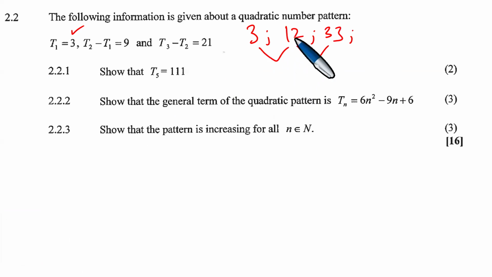The difference 12 minus 3 is 9, 33 minus 12 is 21, and we're going to continue and find the subsequent terms. This one here is always the arithmetic one, so at this point we get a 12 here, and we expected 12 here. In other words, 9 plus 12 is 21, and then we have 21 plus 12, which is exactly 33.